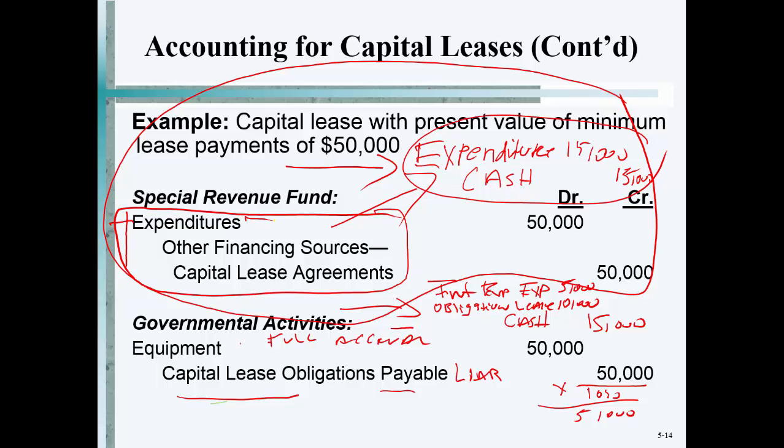Now, in this little example that I wrote in here, I said pretend that the interest rate on this lease is 10%. You see that 10%? 10% is the interest rate on this lease.